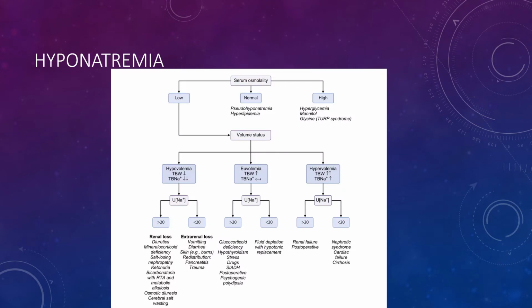This is a nice chart showing breakdown of sodium disorders and showing the breakdown of hyponatremia based on volume status, whether it's hypovolemic, euvolemic, or hypervolemic. Just going to focus on a couple of these disorders.